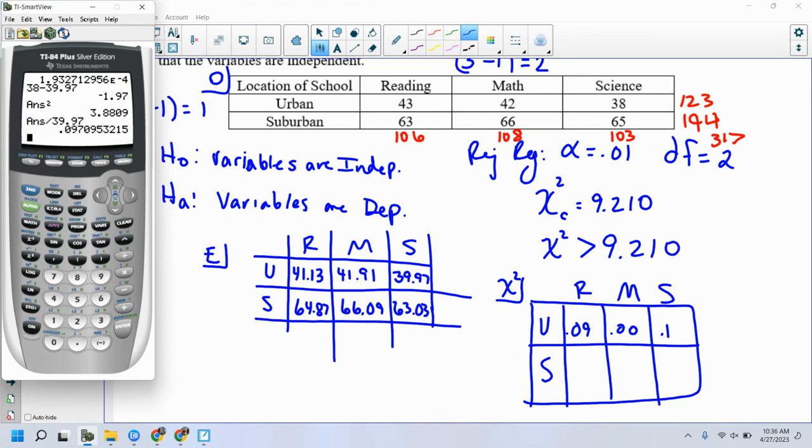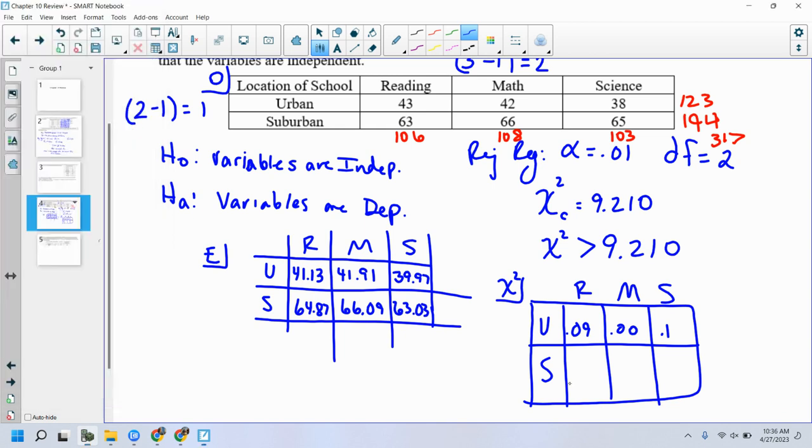Okay, suburban: 63 minus 64.87 squared divided by 64.87. 0.05. Okay, we're back on track. Oh geez, this is another 0.09.